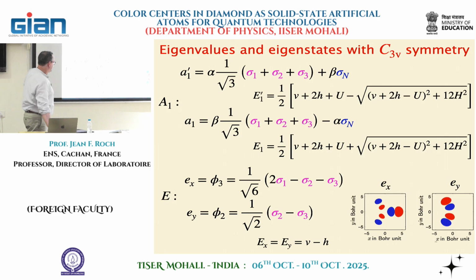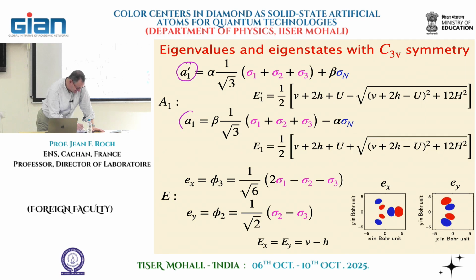But what is most important is that I will have A'1, A1. I will come back to this denomination, which is rather strange compared to atomic physics. Basically, they are linked to the choice of symmetry of the system. But then we have this, and this.